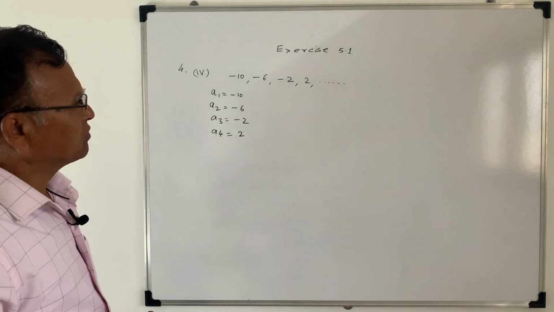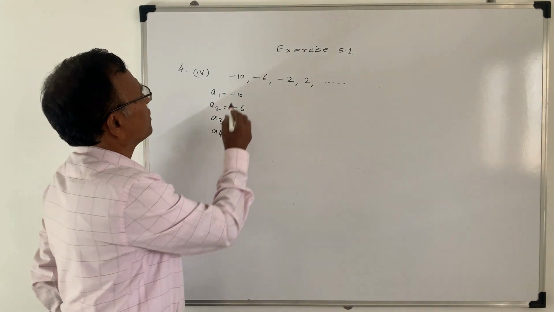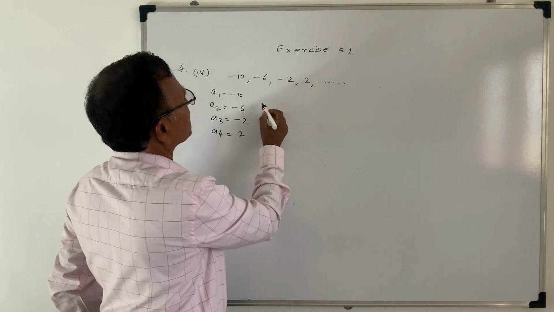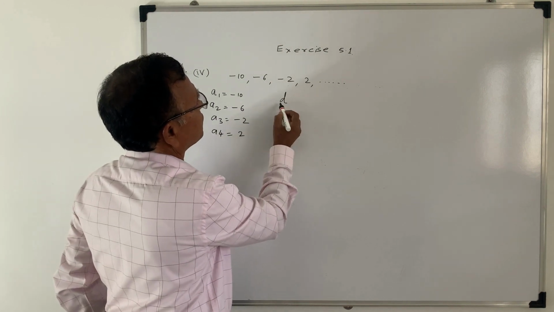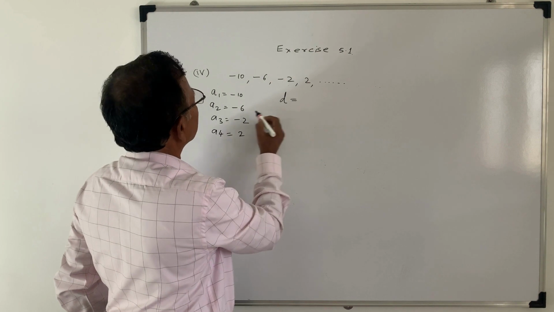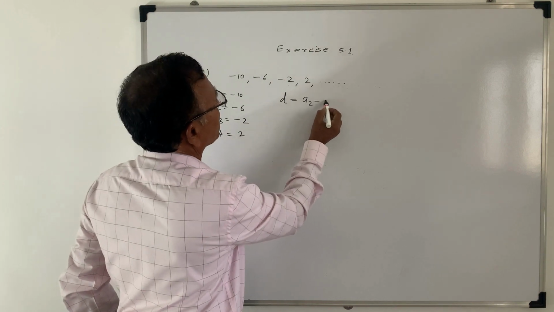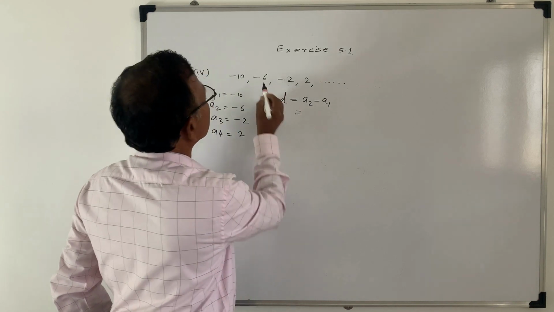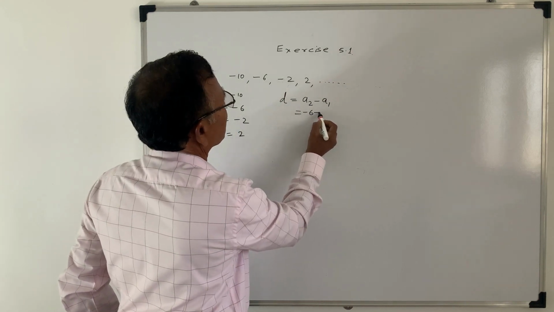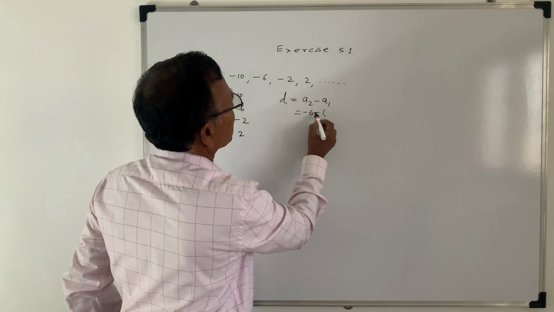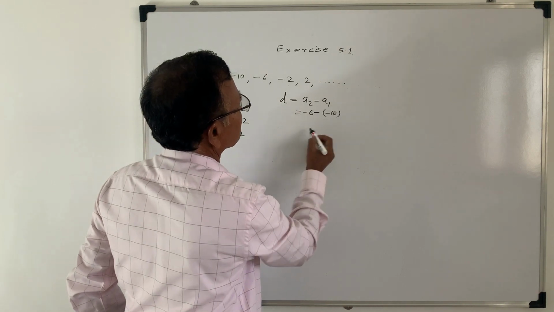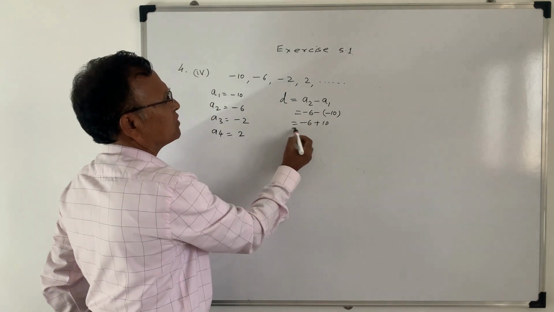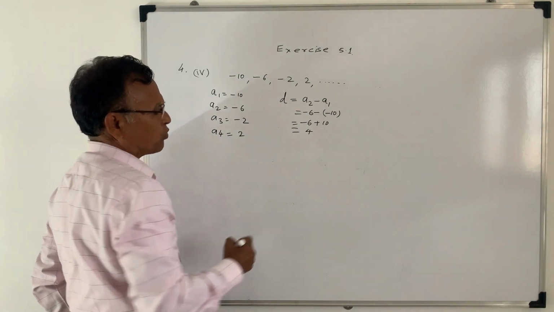These four terms are given here. So for taking difference, common difference, D is equal to A2 minus A1. So that will be A2 is minus 6 and A1 is minus 10, so minus of minus 10. So that will be minus 6 plus 10 and it will be plus 4.